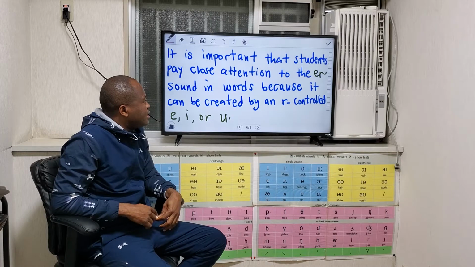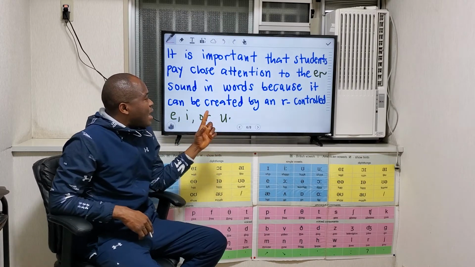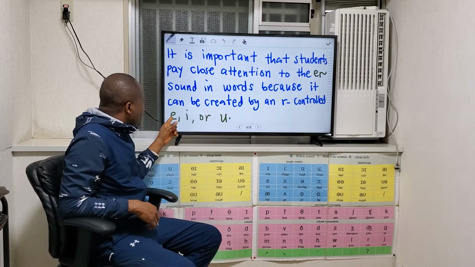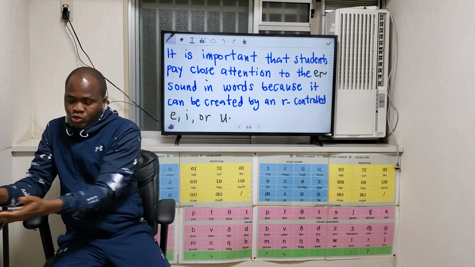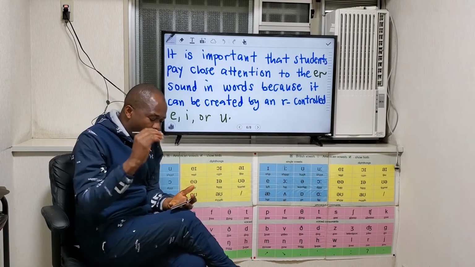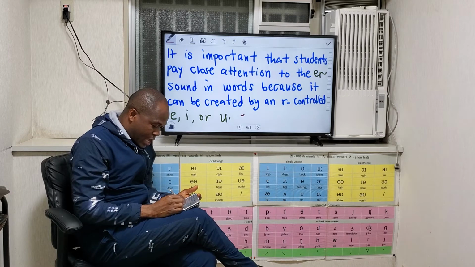Why? Because it can be created by an R control E-I-O-U. Now let me explain this. What we are saying is that we have to be careful with the ER.